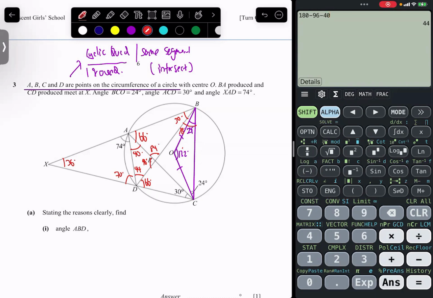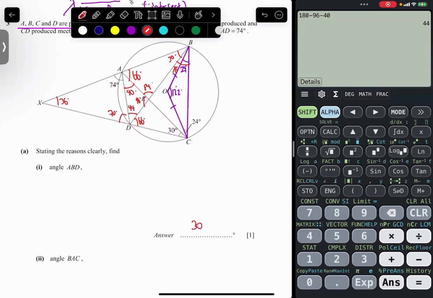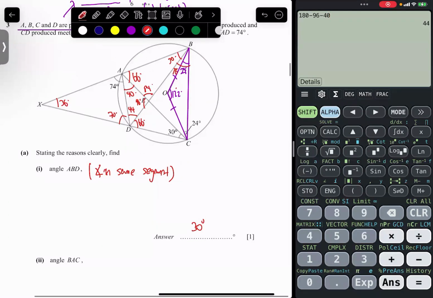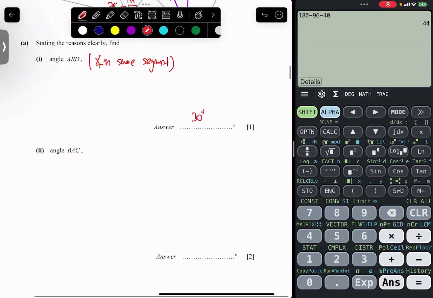Angle ABD equals 30 degrees. What's the reason? Angles in same segment. Angle BAC equals 66 degrees.